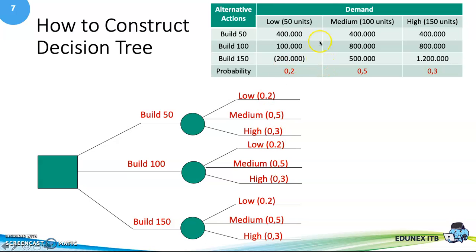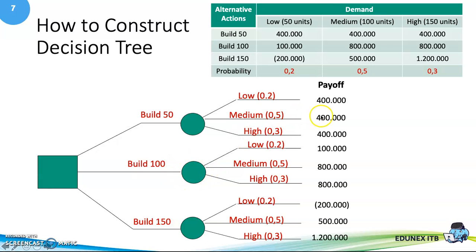From this decision table, we can construct the tree like this. The probability for 50 units is 0.2 for low, 0.5 for medium, and 0.3 for high. It's the same for all of the decision alternatives here. And they also have a payoff.